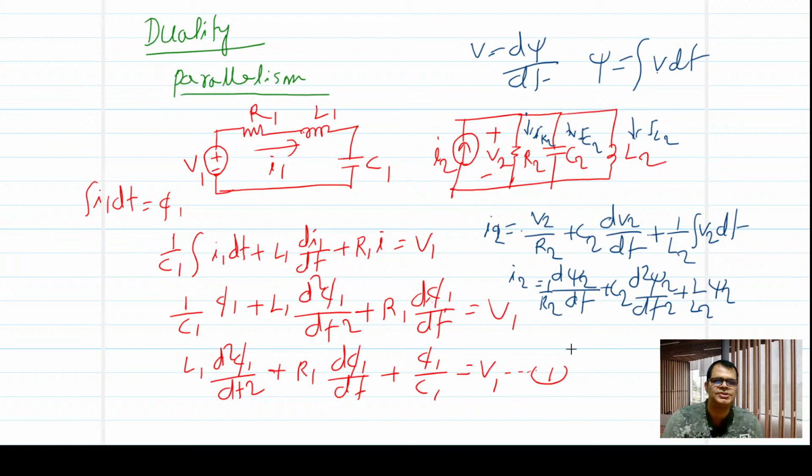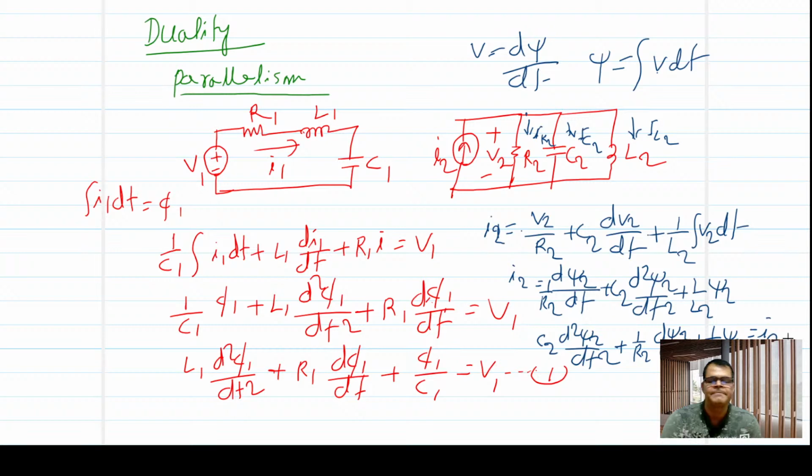Now rearrange it: C2 d²ψ2/dt² + (1/R2) dψ2/dt + (1/L2) ψ2 = I2.